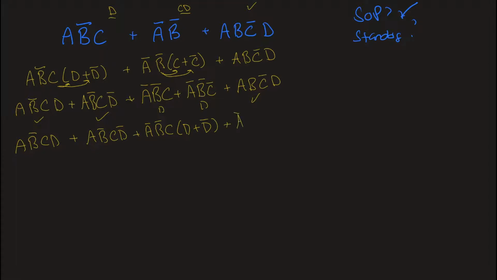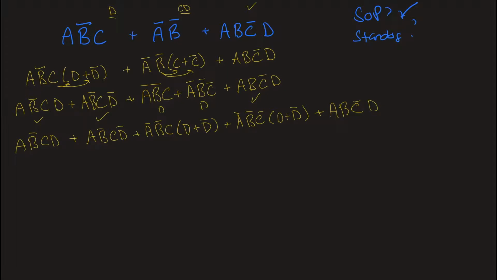Next we've got A naught, B naught, C naught, and I'm going to multiply that by D or D naught, or A, B, C naught, D.